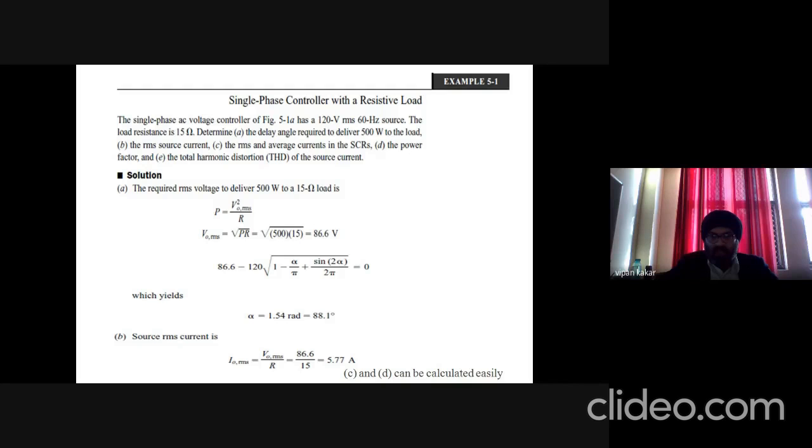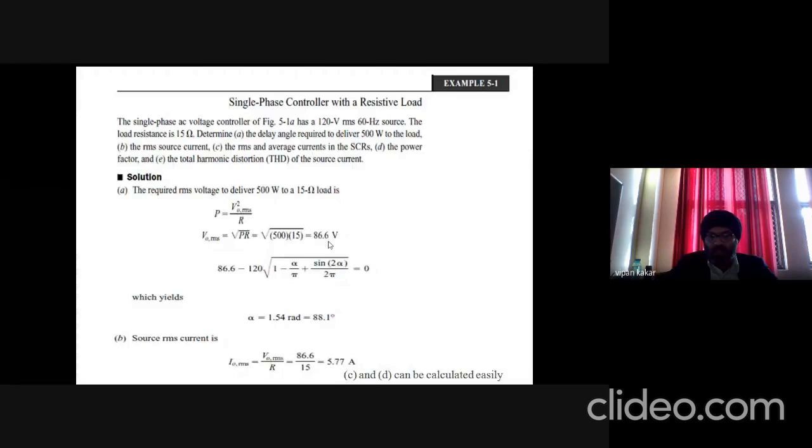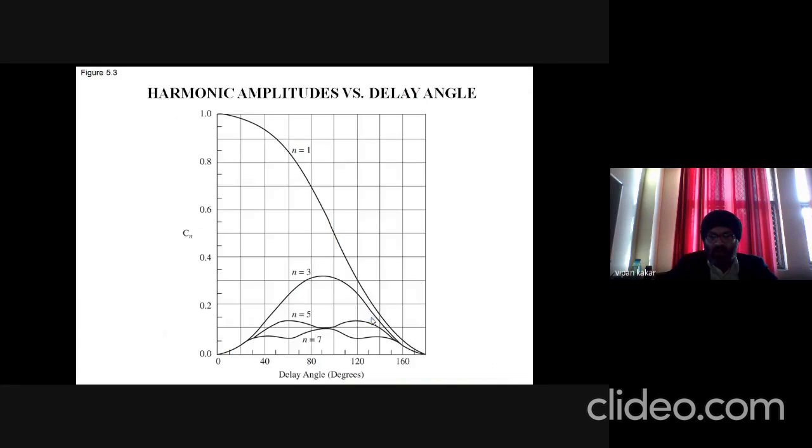Rearranging this equation, we can easily get the output RMS voltage. The RMS voltage is 86.6 volts, and putting this into equation 5.4, we can easily get a firing angle of 88 degrees.